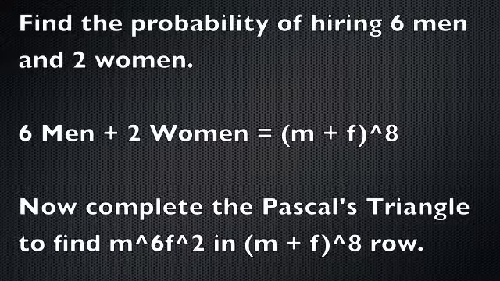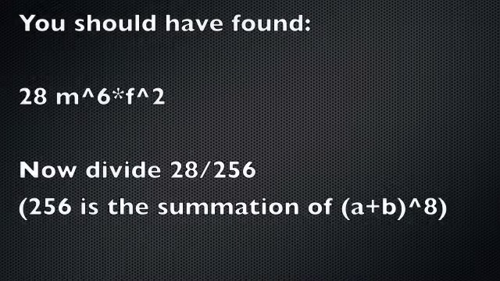Now, we're going to complete Pascal's triangle and so you find m to the 6th f to the 2nd, or in the m plus f to the 8th row. I hope this makes sense for you.